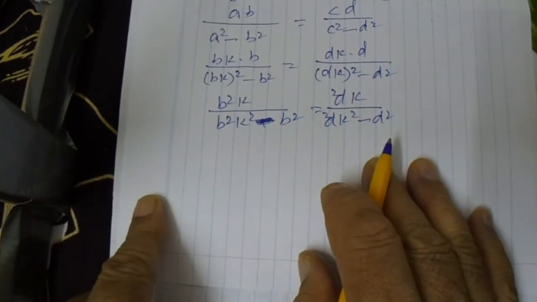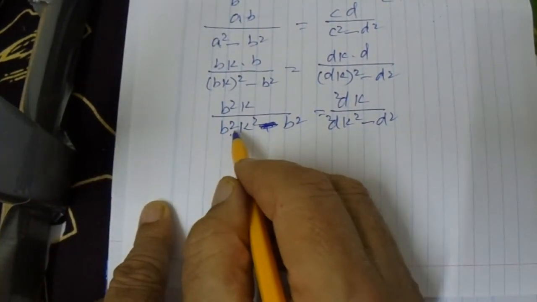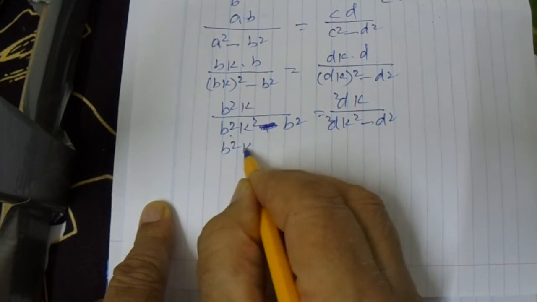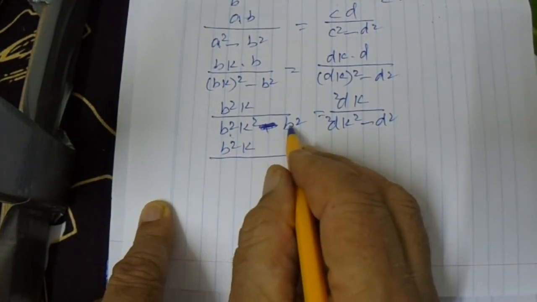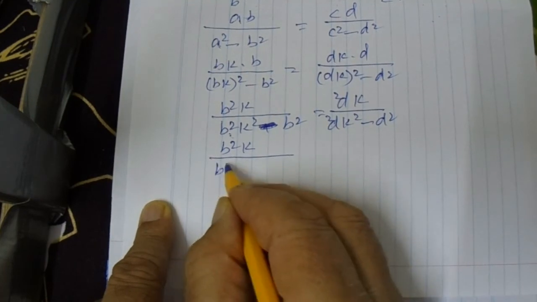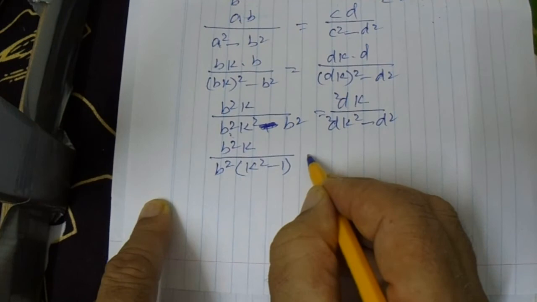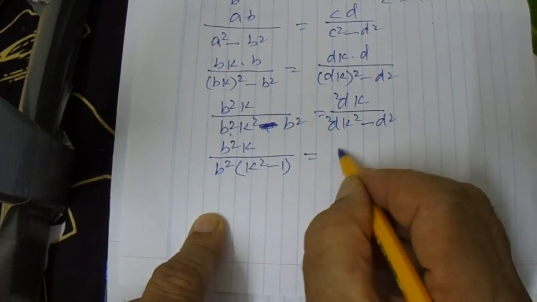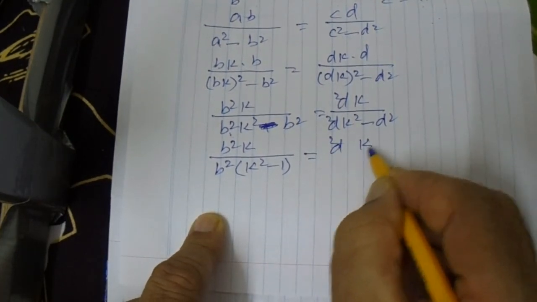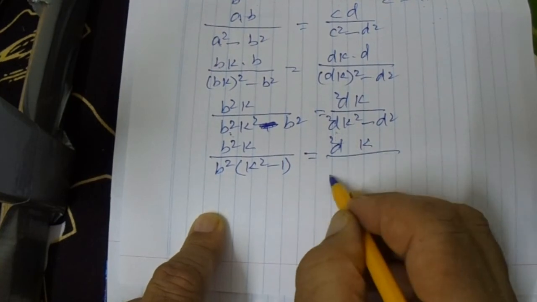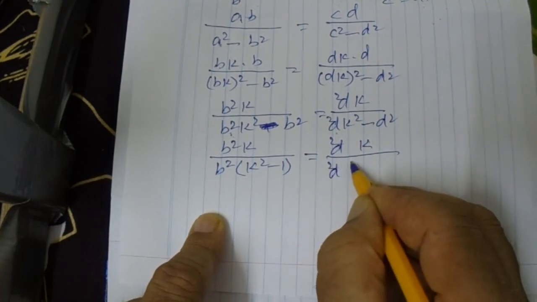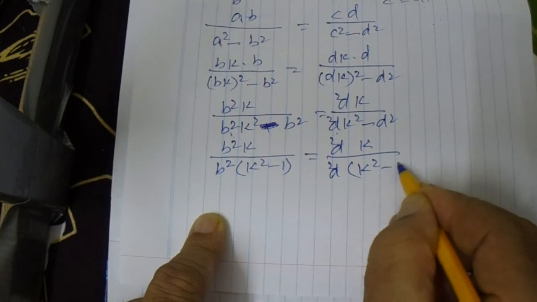We take B common from this, B square K, B common as this and this out, inside K square minus 1 is equal to also D square K over, we take D square common from this, inside K square minus 1.